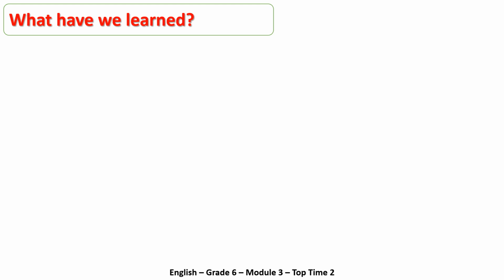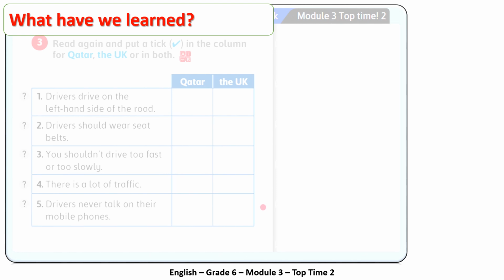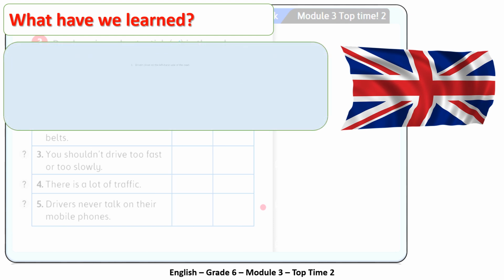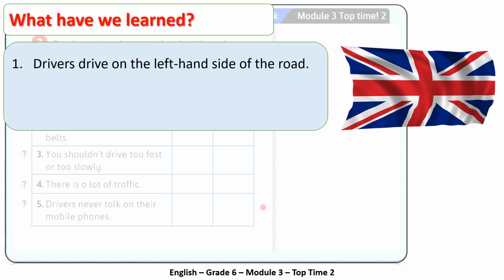And now the question is, what have we learned from this exercise? We learned that when we visit the UK, we should know the following pieces of information. Number 1, drivers drive on the left-hand side of the road. Number 2, you should always fasten the seat belt.